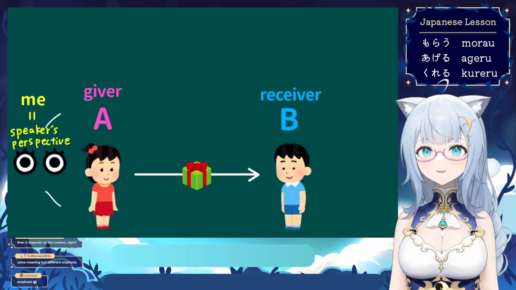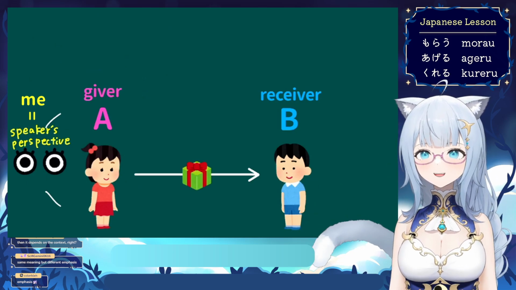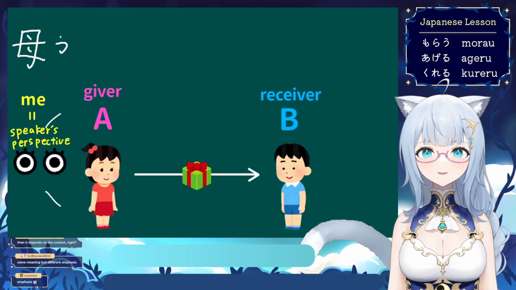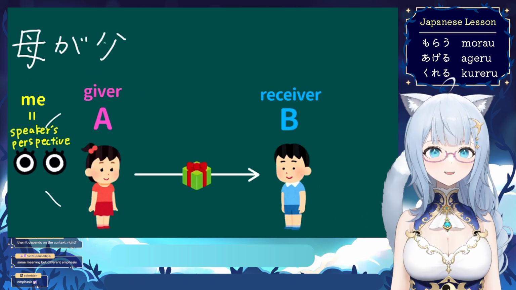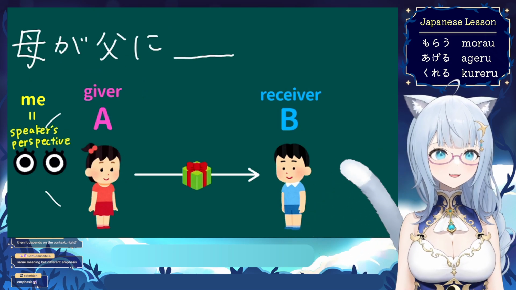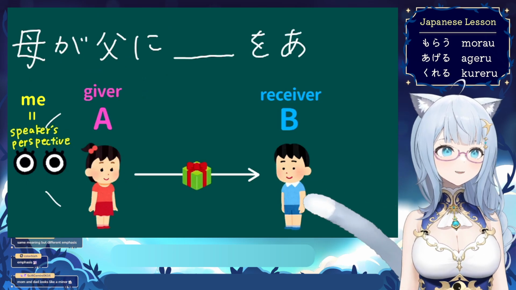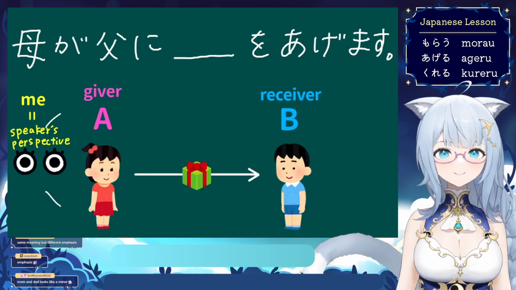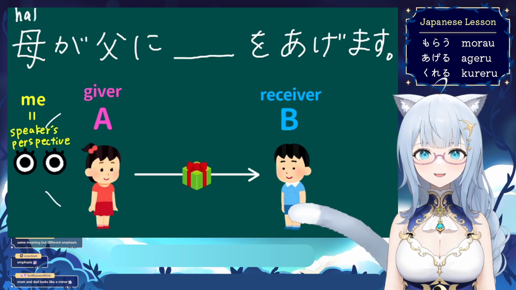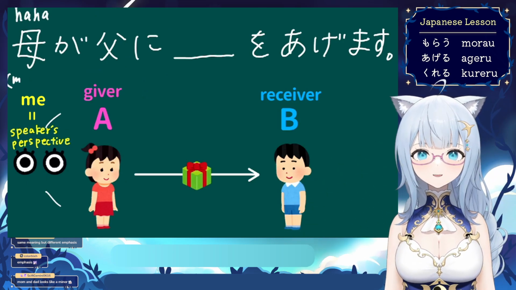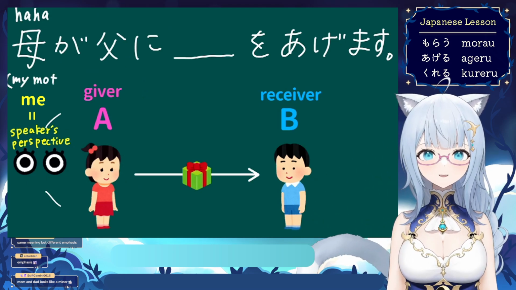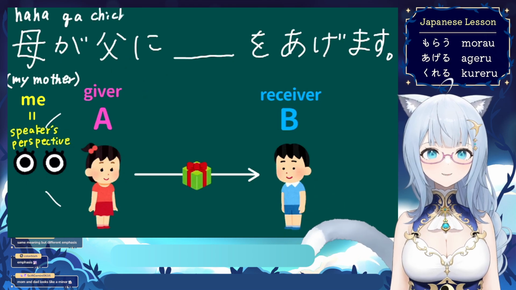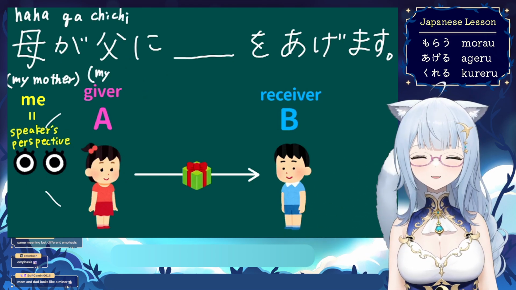From mother's side, I would say 母が父に何々をあげます。母 means my mother, 父 is my father.